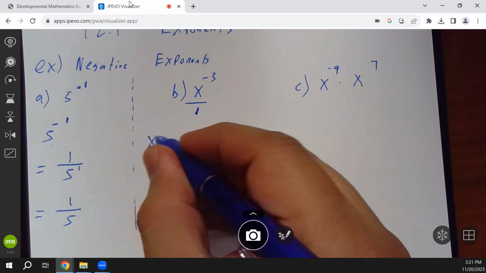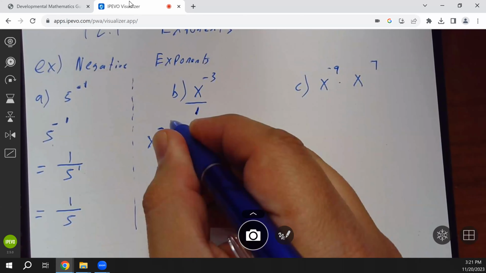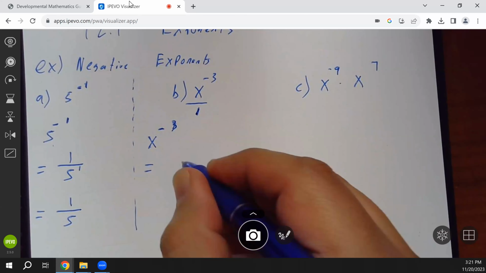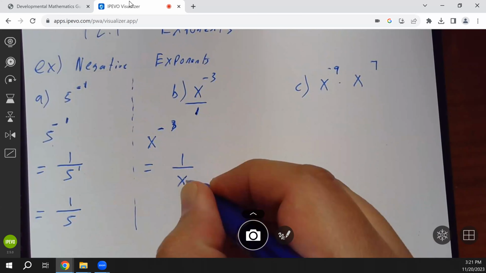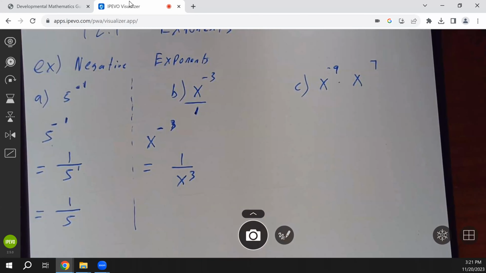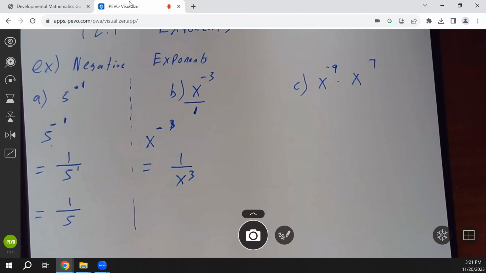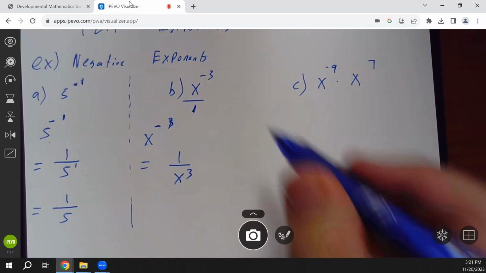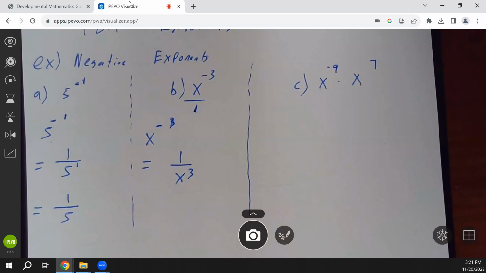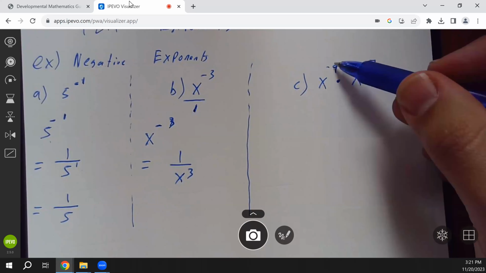X to the -3. Yeah, straightforward. Now we said on the first rule we wrote down, if we're multiplying the same base, what do you do with these powers?